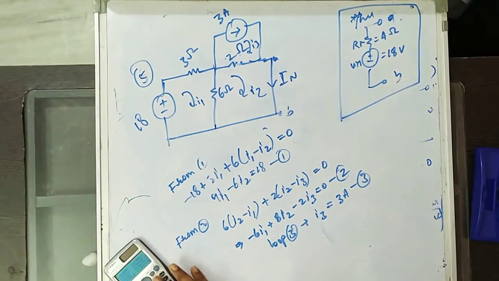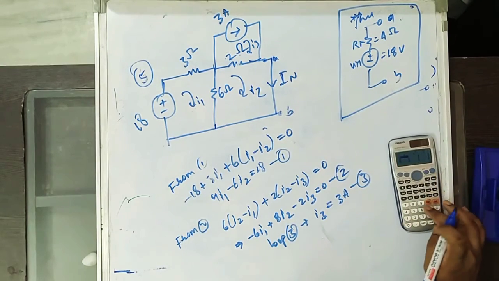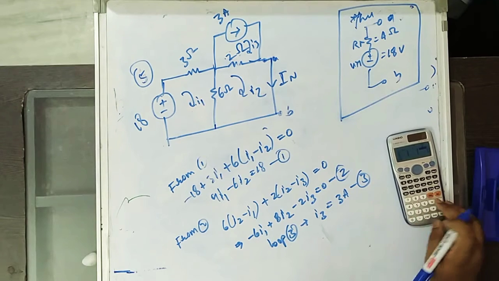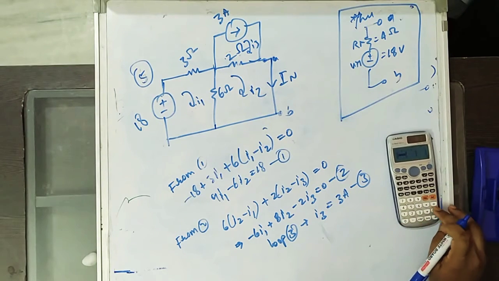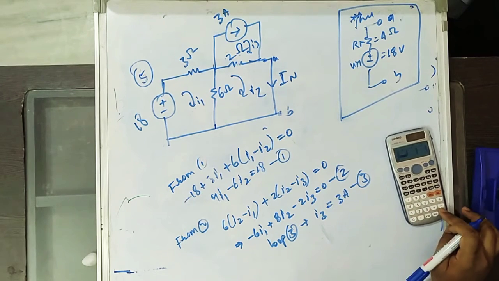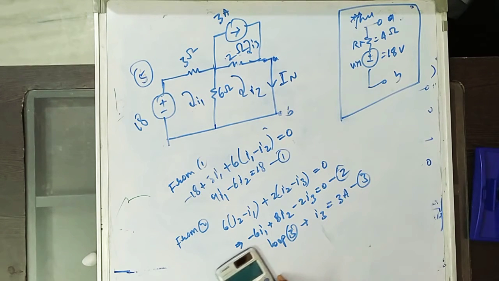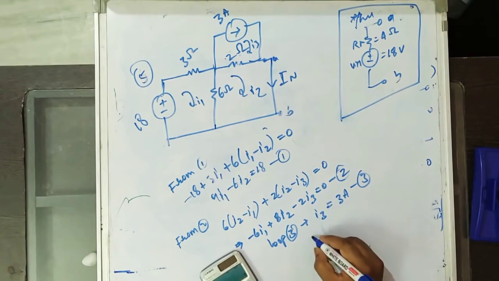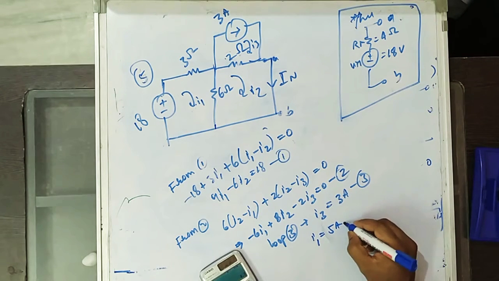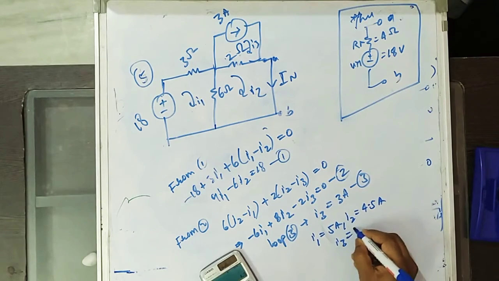Solving 1, 2, 3, what do you get? We get I1 equal to 5 amps, I2 equal to 4.5 amps and I3 as usual 3 amps.